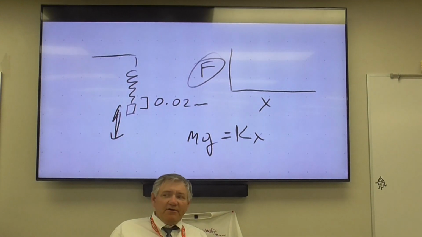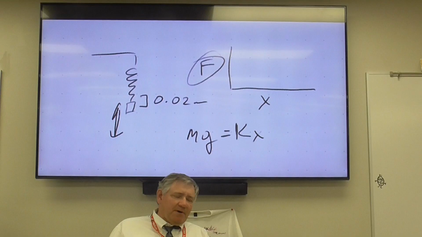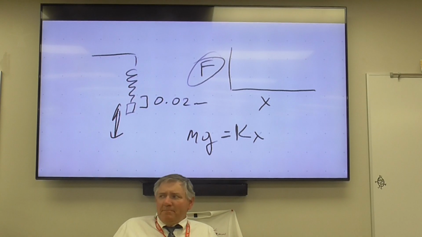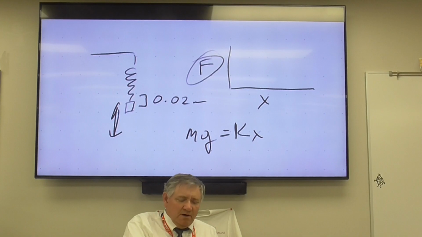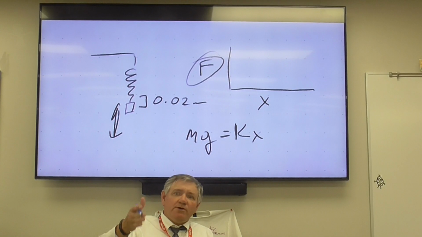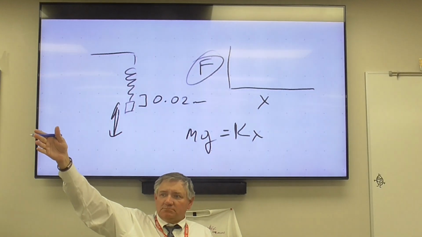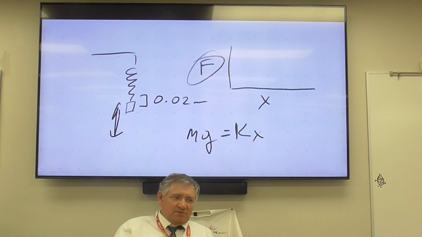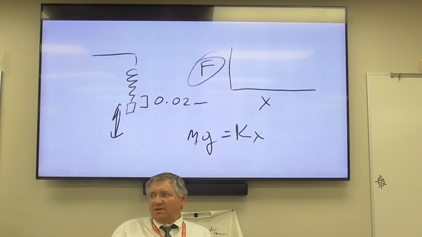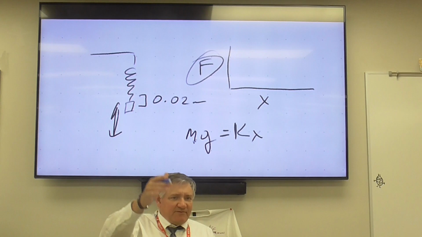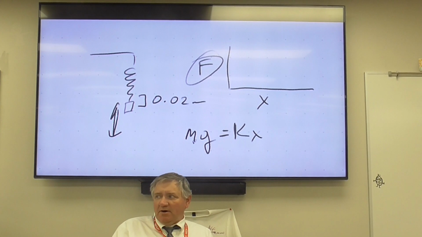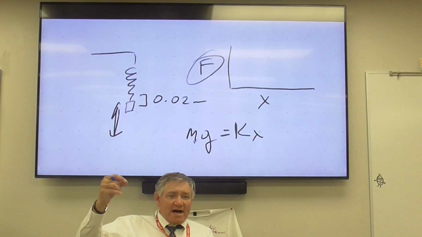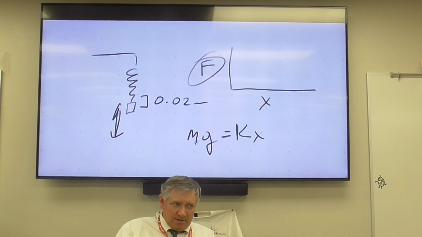If you say, I don't have a mass, make up a mass. Pick 1 kilogram. You know what the elongation is, 0.02. Find the K value.